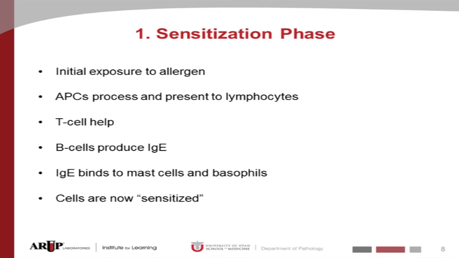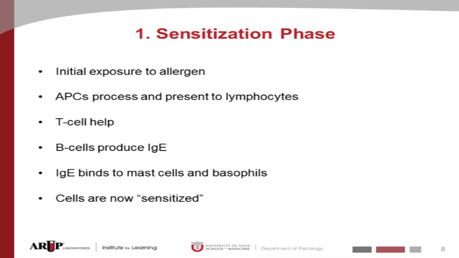T cells will provide help to the B cells to help them produce antibodies. Especially the T2 helper cells are involved, and they will produce an interleukin called interleukin-4, which specifically helps the B cells make IgE type antibody. There's a genetic tendency for an individual to do this.